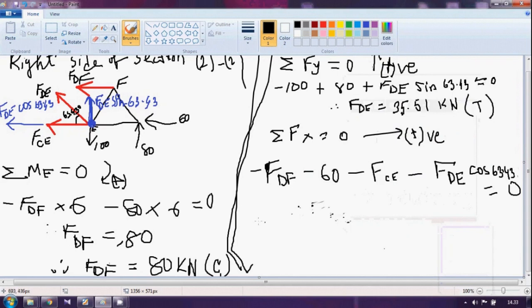If I put the values here: what is the value of F_DF? It is minus 80, correct?